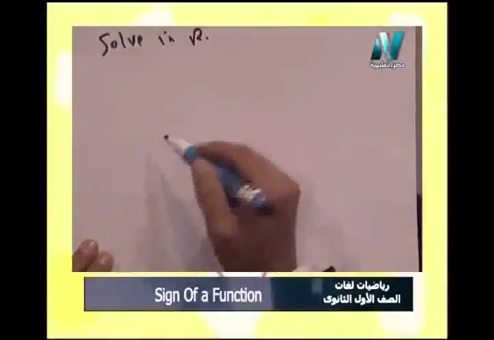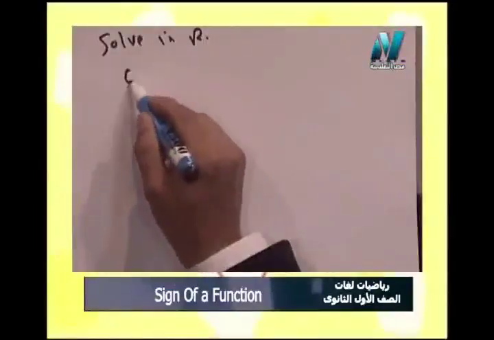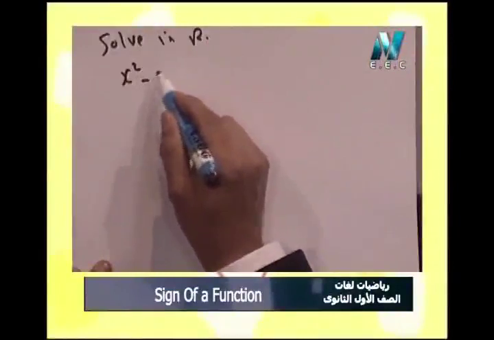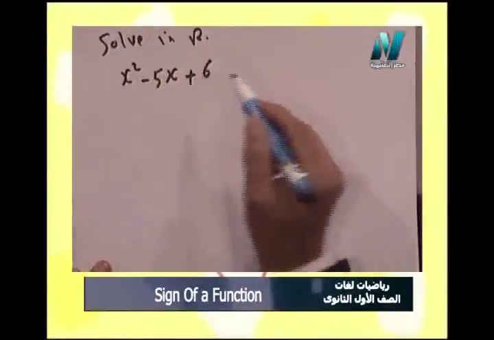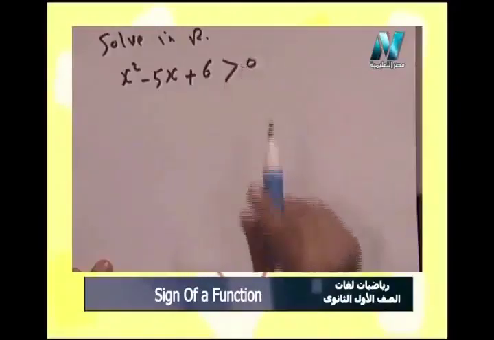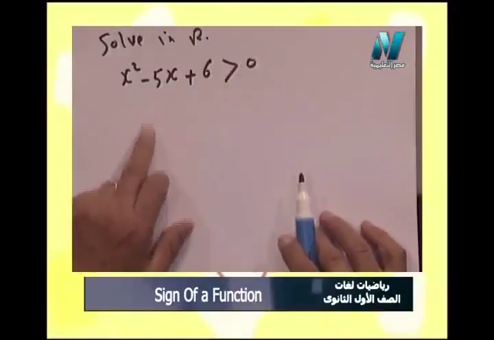solve in R: x² − 5x + 6 > 0. We have an inequality here.